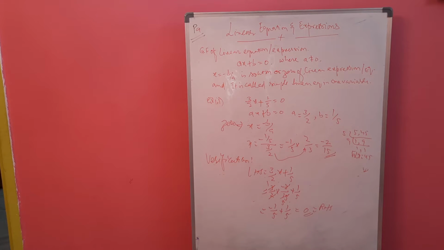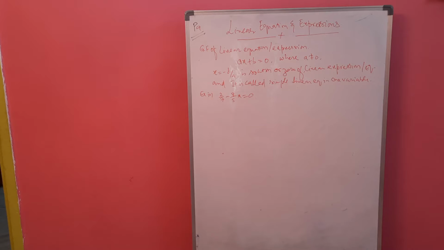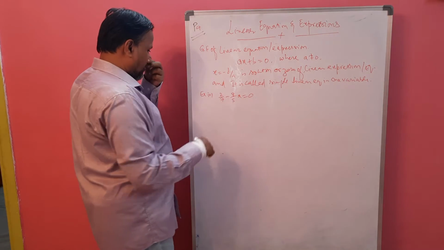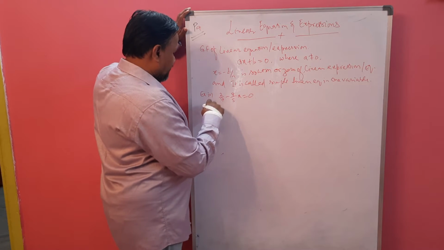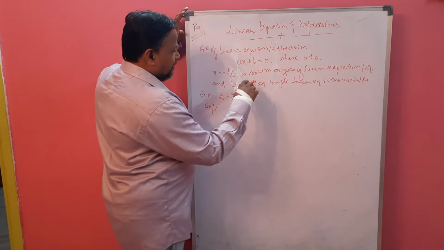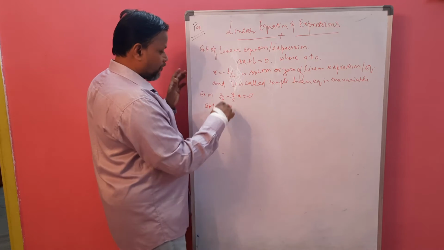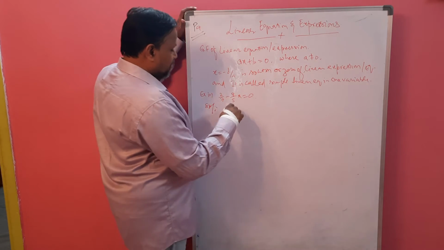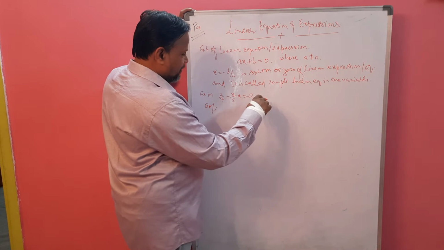Now the fourth example. Something different we are looking at here, but we have to compare with the given linear equation. Again, the coefficient of x is a and the constant term is b. So we can move this to the other side also.